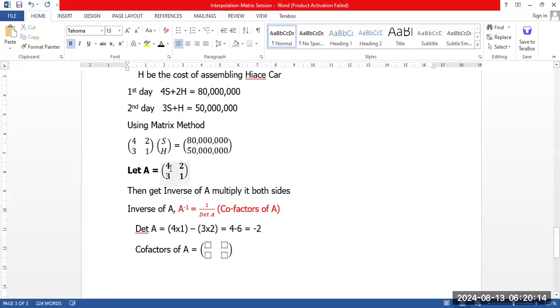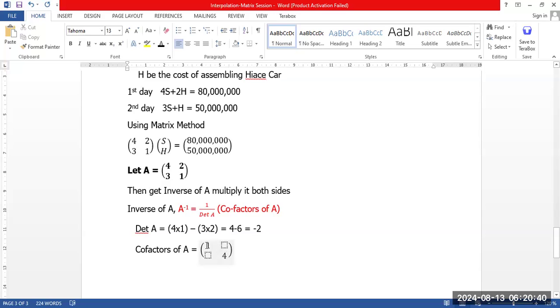Interchanging means, if 4 is here, I put it on this side, and 1 will be here. We are interchanging figures on the major diagonal. That's what I have done.